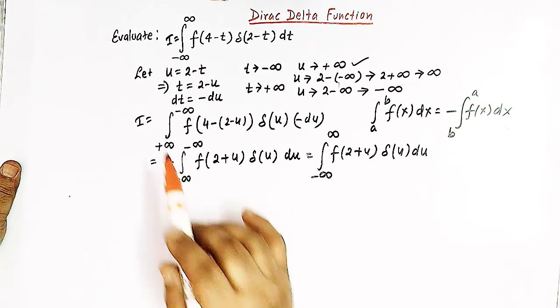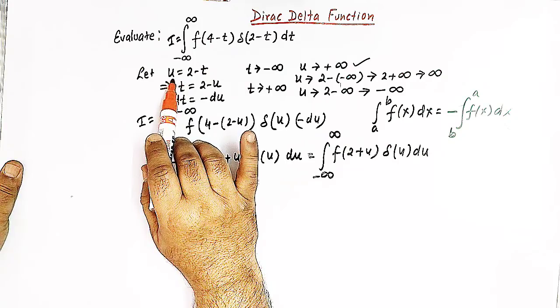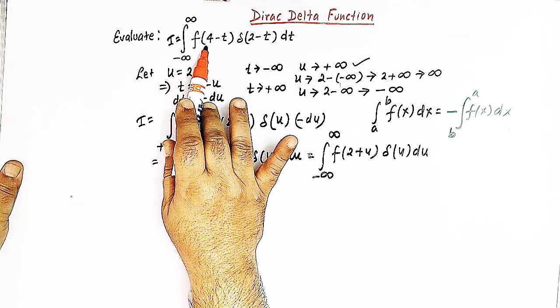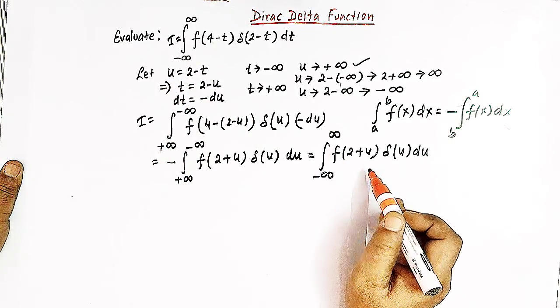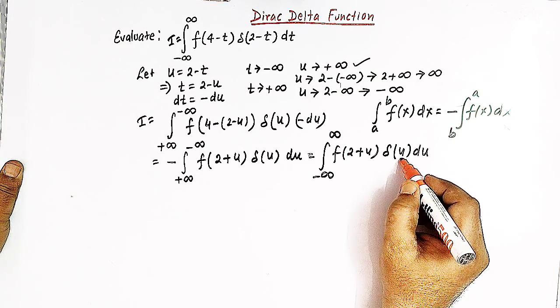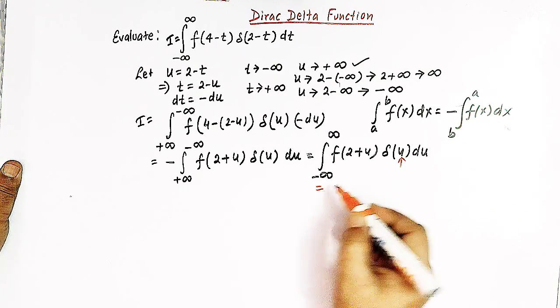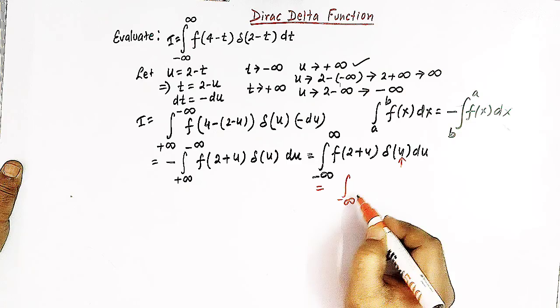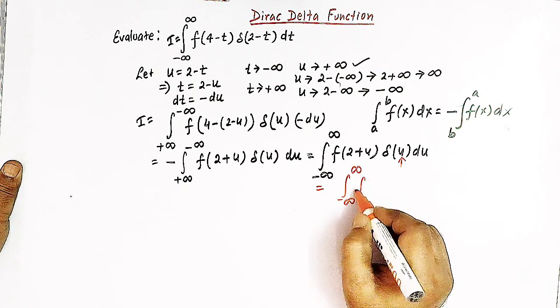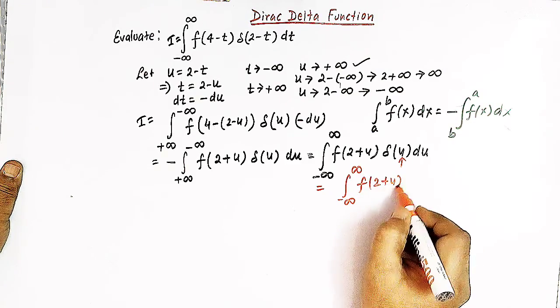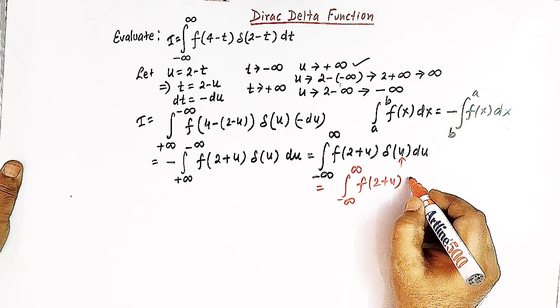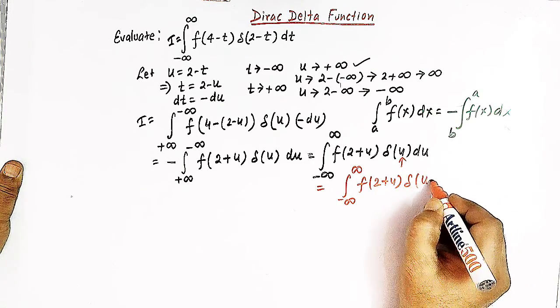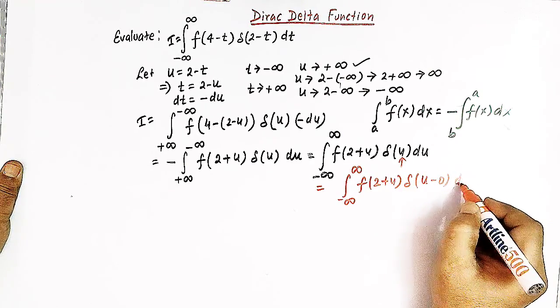So now, due to this substitution, we have transformed this integral to this one, right? We can write this integral as minus infinity to infinity f of 2 plus u, and delta of u can be written as delta of u minus 0, right?